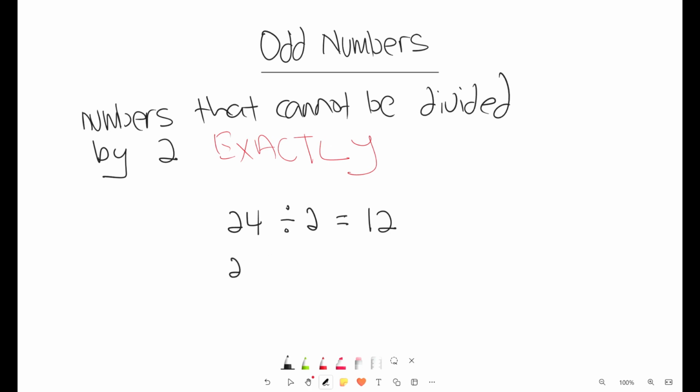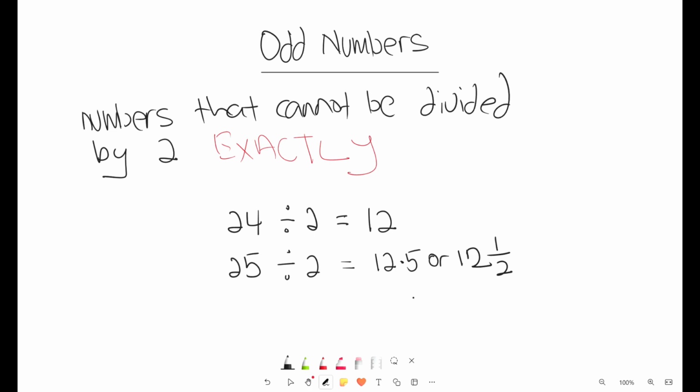Okay, let's test another number. Just go up one place and let's test 25. 25 divided by 2 is 12 decimal 5, or it is 12 and a half. Now, 25 when it is divided by 2, the quotient is not exact.